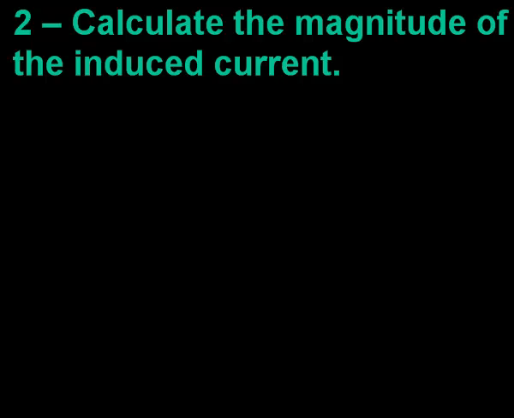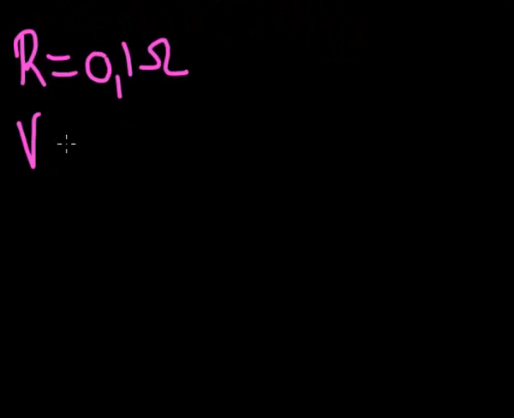Now the last part of the question asks us to calculate the magnitude of the induced current. Remember, a previous part of the question did give you the resistance of this coil to be 0,1 ohms. And you've just calculated the potential difference to be 0,25 volts.